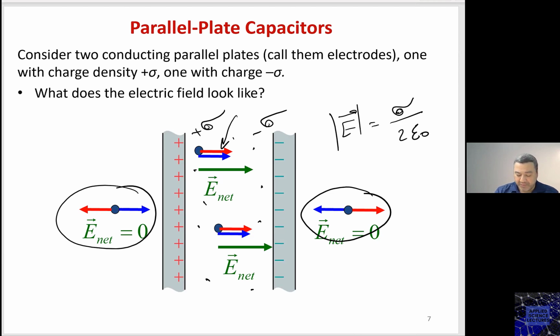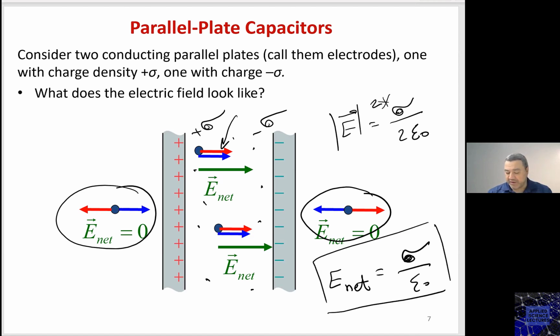Then if you add them, the E net, which is the magnitude here, would be sigma divided by epsilon naught. By adding those, which basically means you're multiplying by 2, you will end up with a net electric field being sigma over epsilon naught.